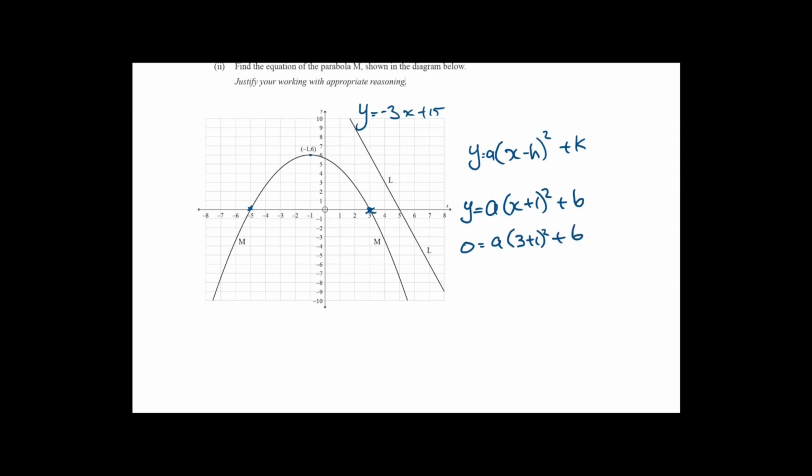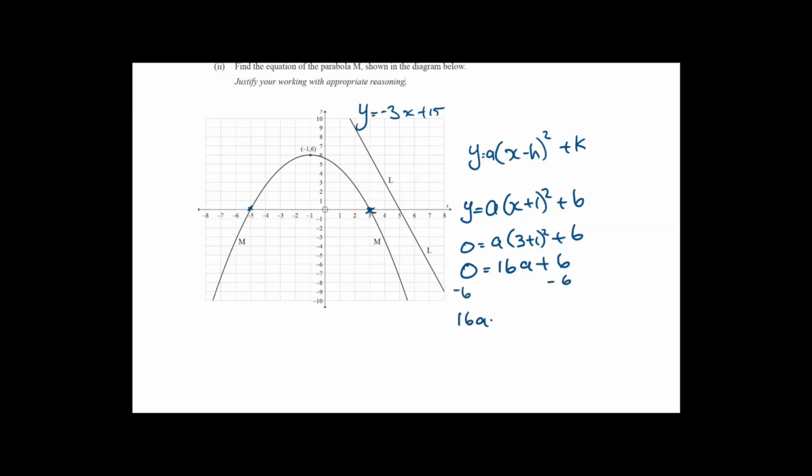So this is going to be 3 plus 1 is 4, 4 squared is 16, so 16a plus 6, and let's take the 6 away from both sides.